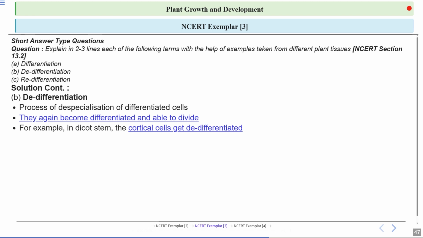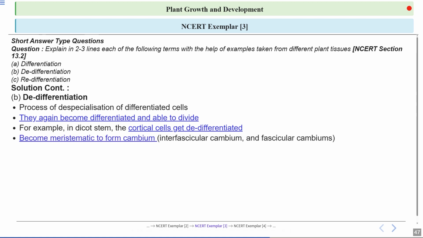Now, if you see the examples, in the stem of a dicot plant, cortical cells can undergo de-differentiation. This is like a support staff member training to become a manager, right? Now, think about the meristematic cells forming the cambium, which is essential for plant growth.